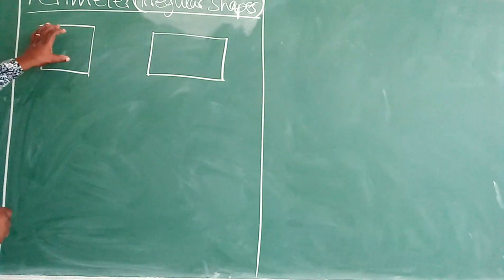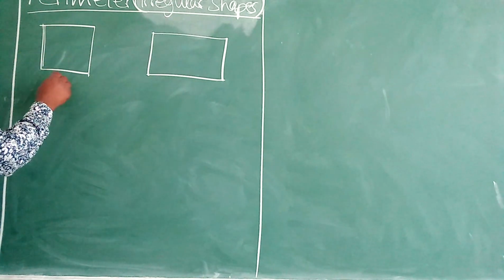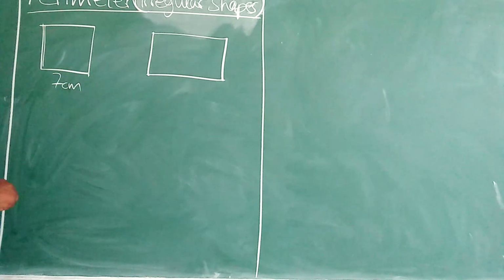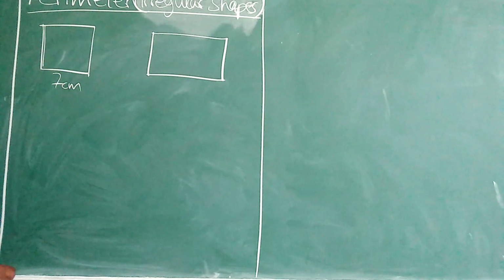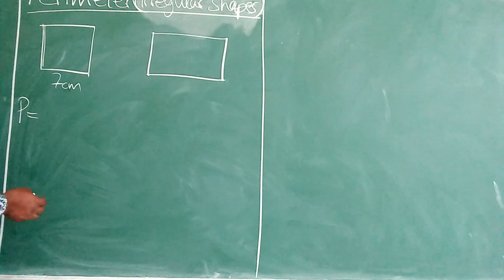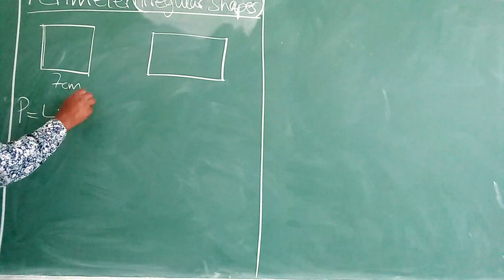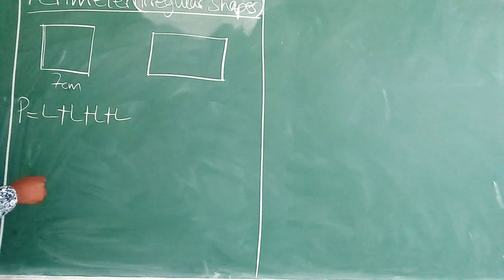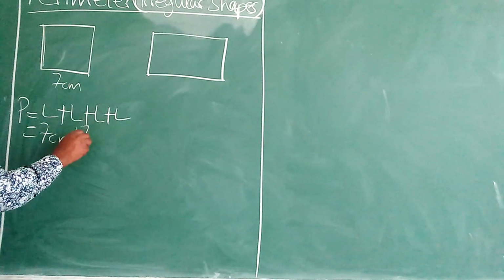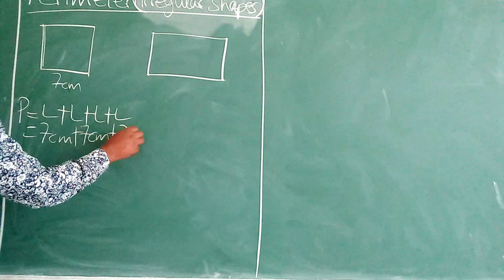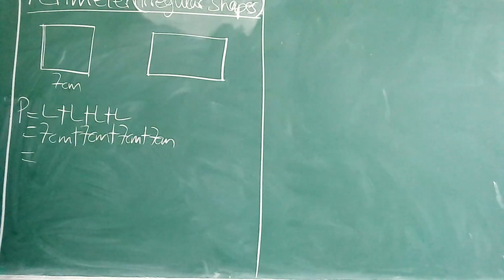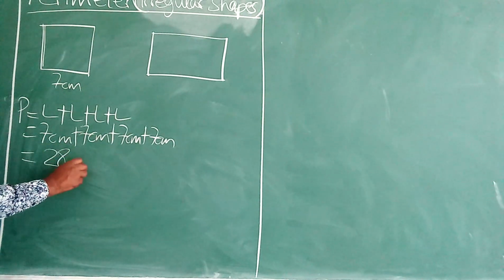So if let's say a square is like this, and they give you one side maybe 7 centimeters, to find the perimeter of this square, you write P equals L plus L plus L plus L. So you get 7 centimeters plus 7 centimeters plus 7 centimeters plus 7 centimeters. So all will be 28 centimeters.